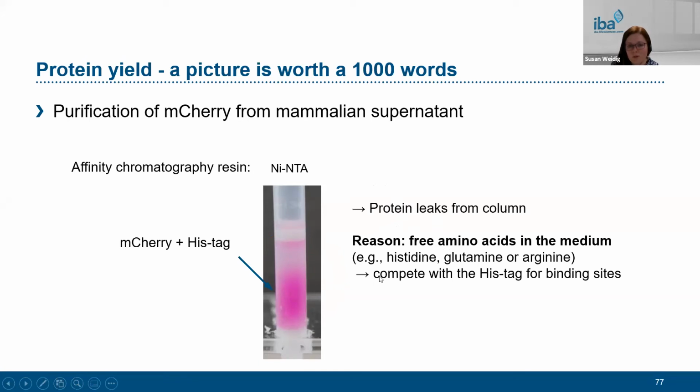And these free amino acids are the reason that the protein flows through or binds in the lower part. In other words, the amino acids are similar to an eluent or to imidazole, and they wash the protein out of the column.